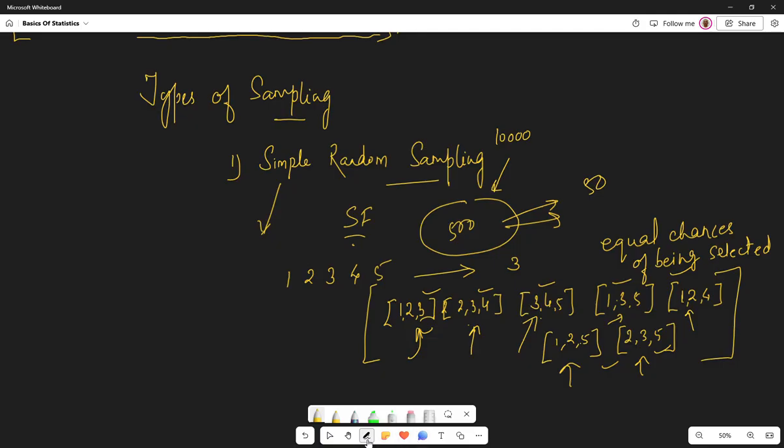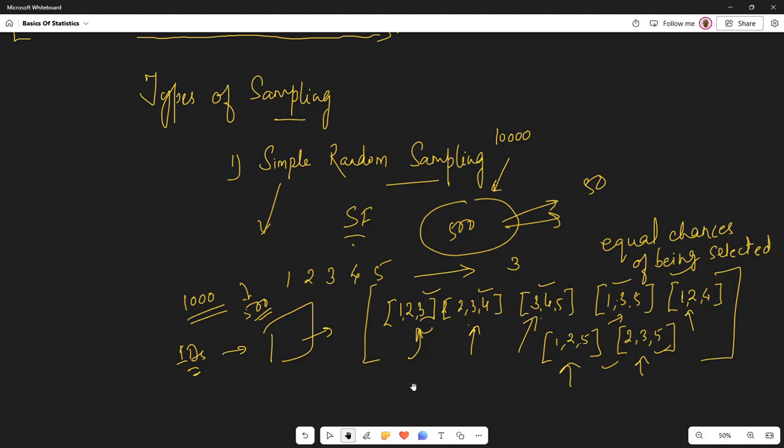So this is called simple random sampling, right? This can be easily achieved by, suppose I have 1,000 employees. What I can do is give them some IDs, maybe employee IDs. These IDs I can put in software and ask the software to randomly select 500 employee IDs, and based on that I can select 500 people, right?